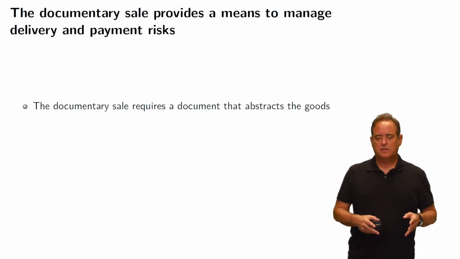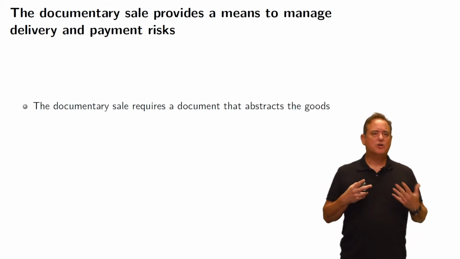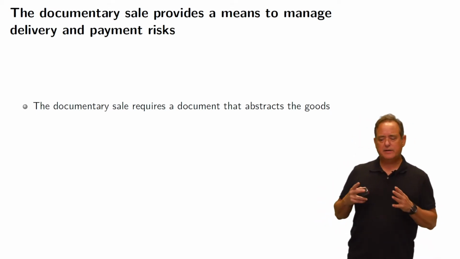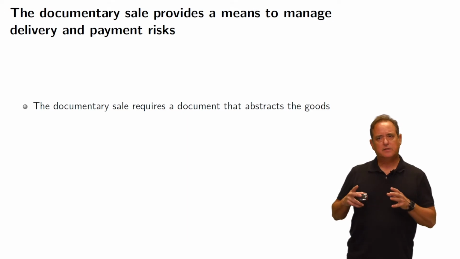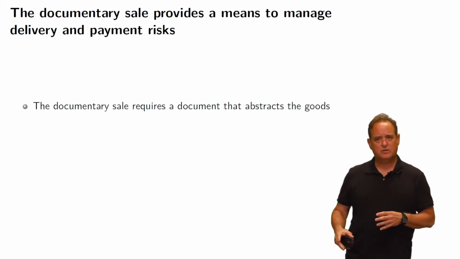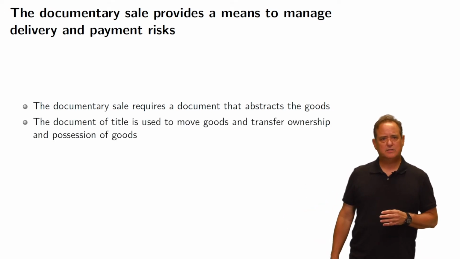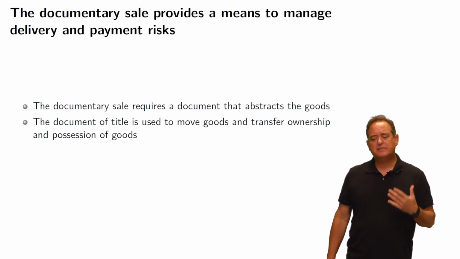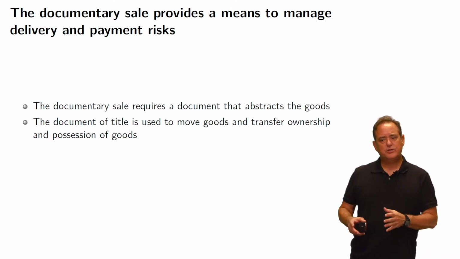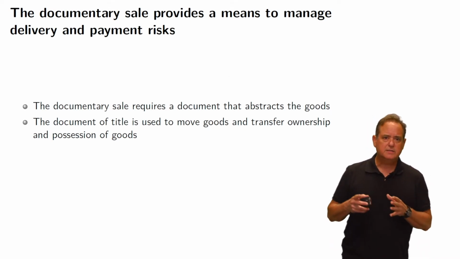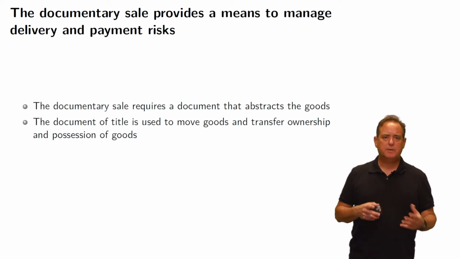The documentary sale is called a documentary sale because it requires a document that abstracts the goods, meaning the document takes on the legal nature of the goods. The document of title is used to move goods and transfer ownership and possession of goods.